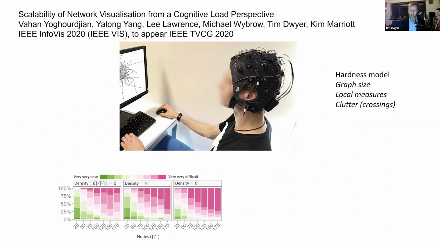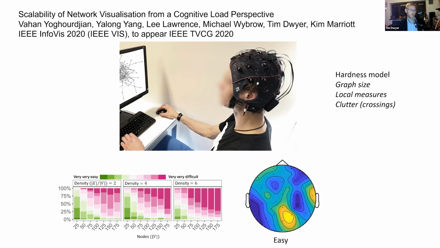To do this, we put people in EEG headsets and had them complete shortest pathfinding tasks on a whole lot of quite dense graphs, and came up with a model of hardness of visualization related to various properties of a graph. A very strong dimension in this hardness model is the density of the graph, as well as the number of nodes, but especially the density.